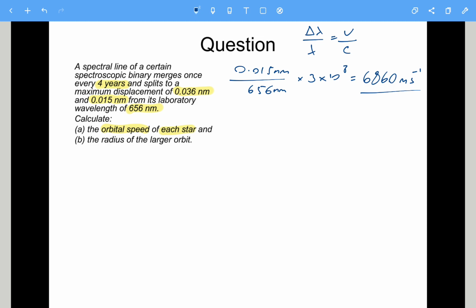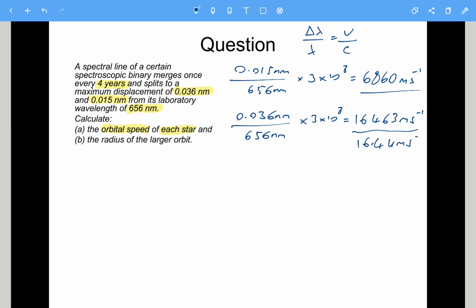Then we'll do the other star, so that's 0.036 nanometers for the change in wavelength, divided by 656 nanometers for the source wavelength, times through by the speed of light. That gives us 16,463 meters per second, or 16.4 kilometers per second.